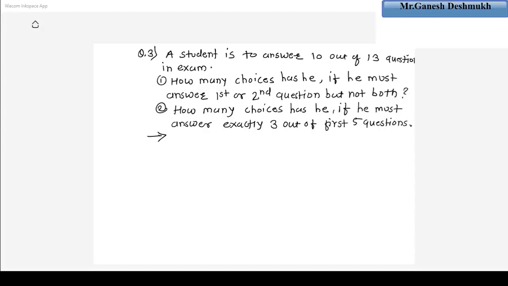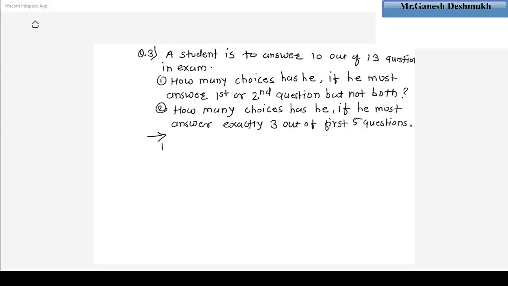So let's move to the third question. It says a student has to answer 10 out of 13 questions in an exam. The first part asks: how many choices has he if he must answer the first or second question but not both?